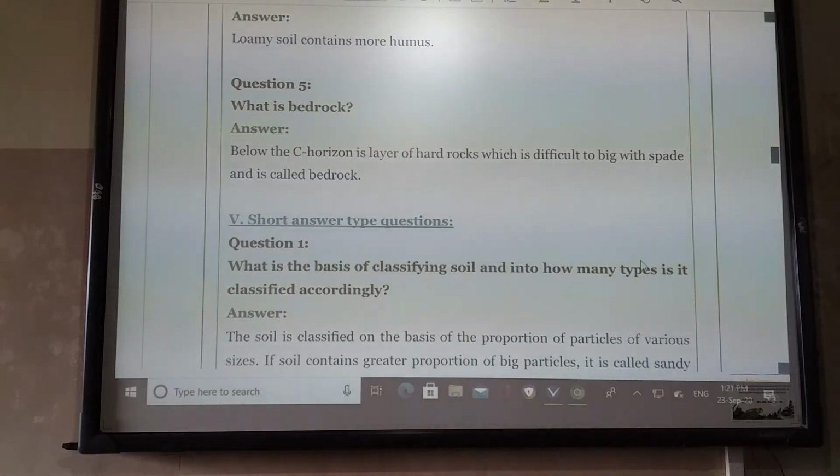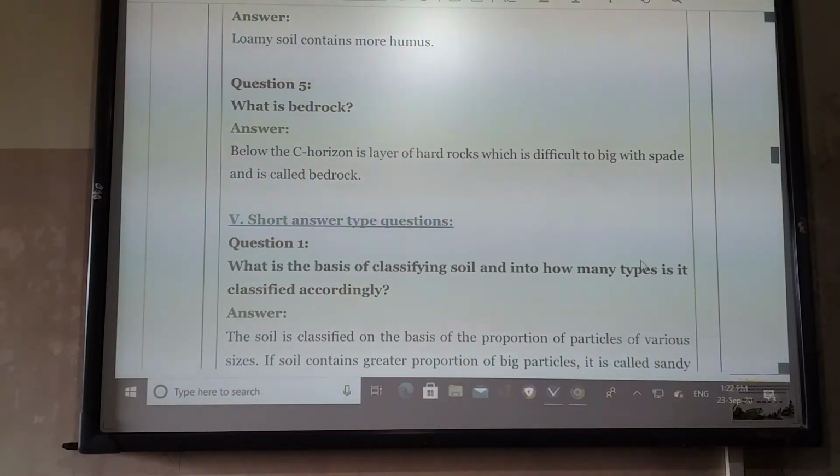Fifth question, what is bedrock? Bedrock is the layer of hard rocks below the C horizon, which is difficult to dig with a spade. Next short answer question, what is the basis of classification of soil, and into how many types is it classified?